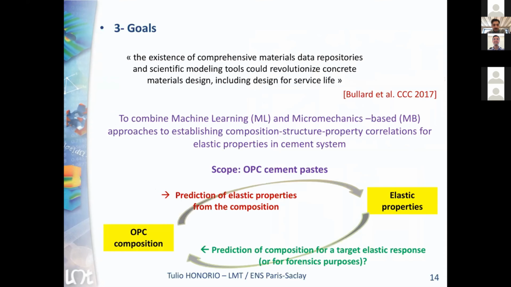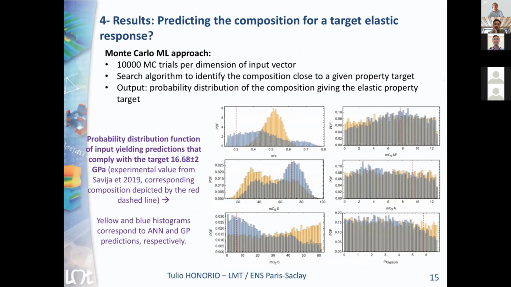Yes, so if we go back to the goal, another thing that we wanted to do was to predict, for a target elastic response, the composition of the material. To do so, we adopted a Monte Carlo machine learning approach. We generated several predictions: 10,000 Monte Carlo trials per dimension of the input vector.